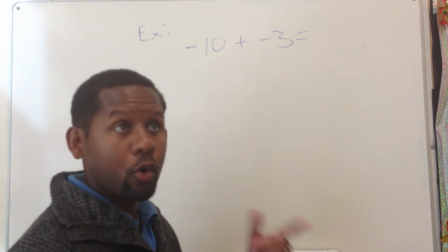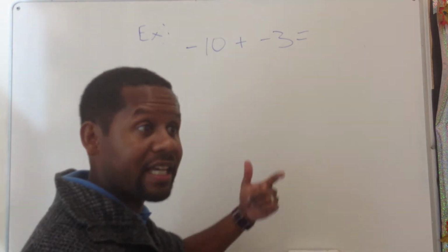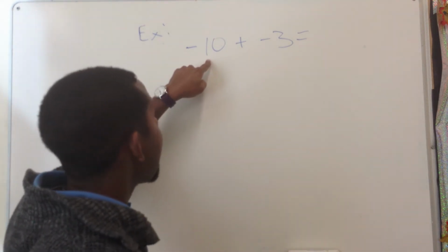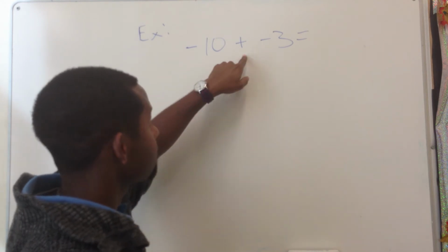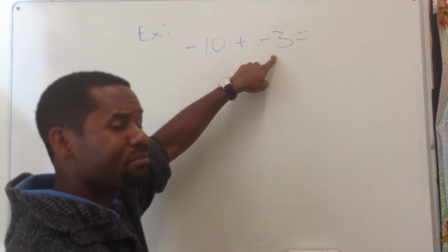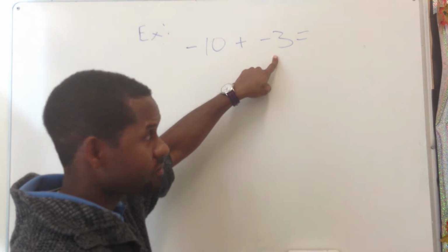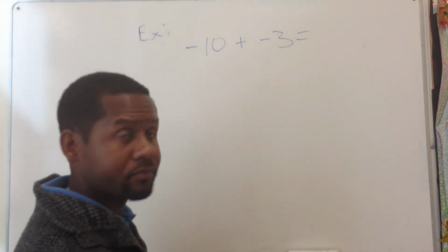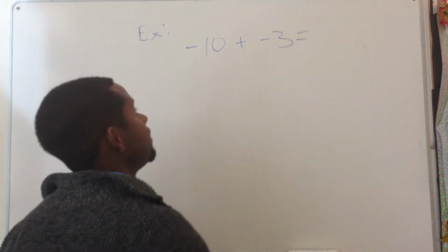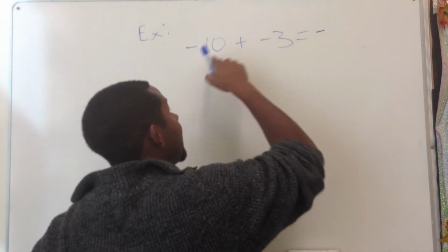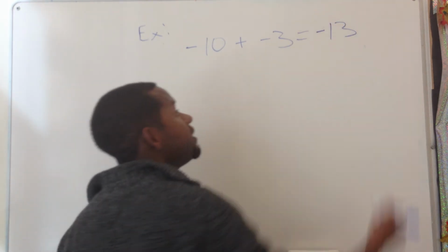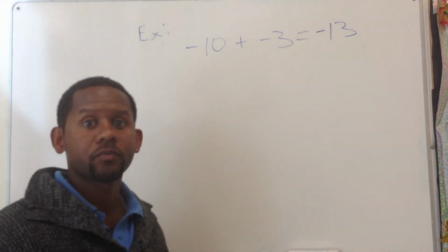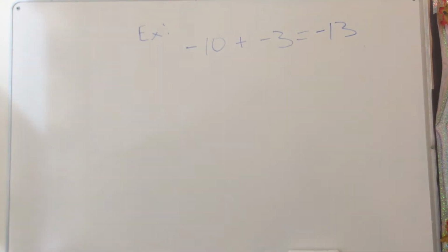And check and see if your thought process is the same as mine. I owe somebody $10. Then I owe that same person $3 more. How much do I owe them? 13. I owe them money, and I owe them a total of $13. Okay? So that is what you have.